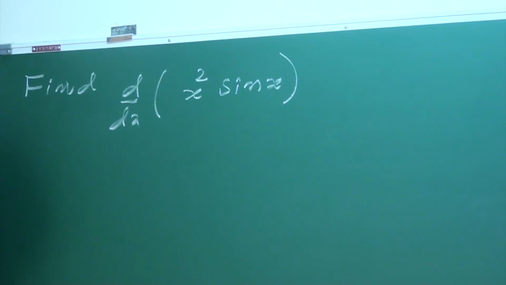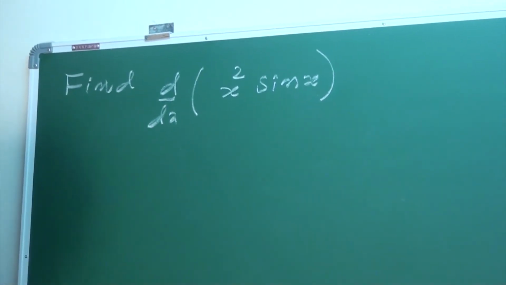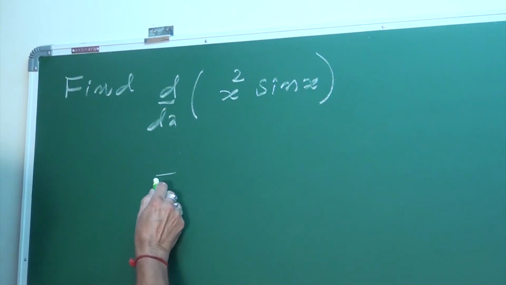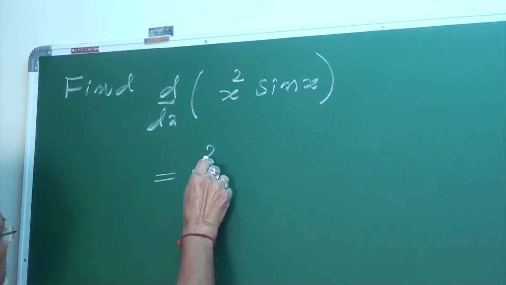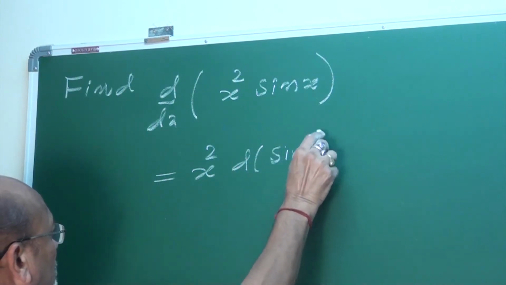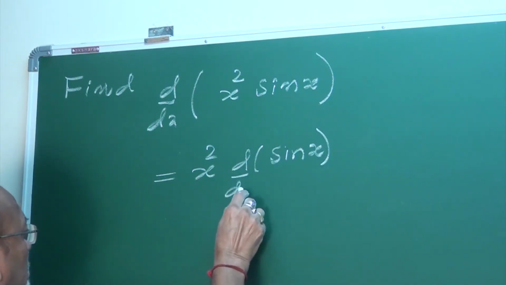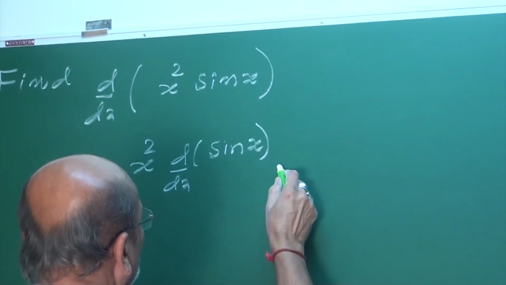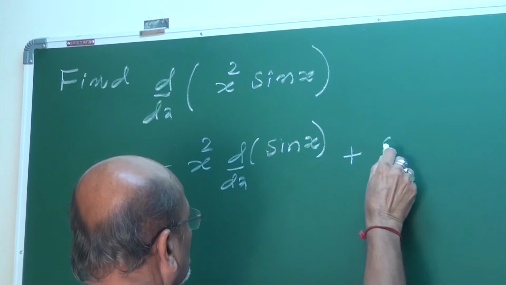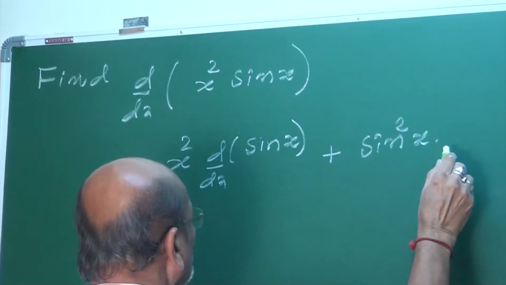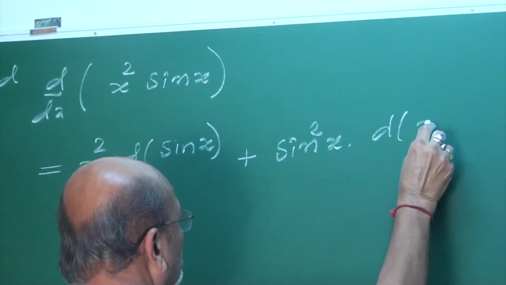Yes. X square is one function, sin x is another function. Whatever the formula says: equal to first function as it is into derivative of sin x with respect to x, plus second function as it is into derivative of first function.